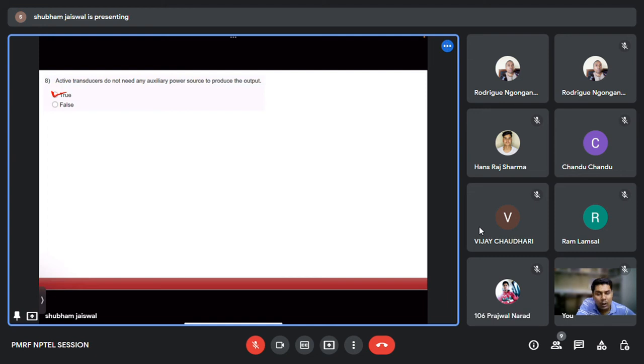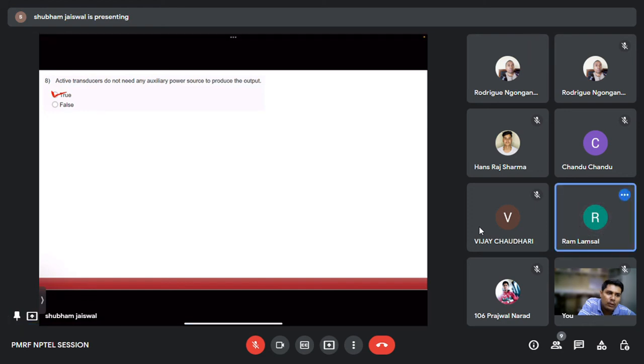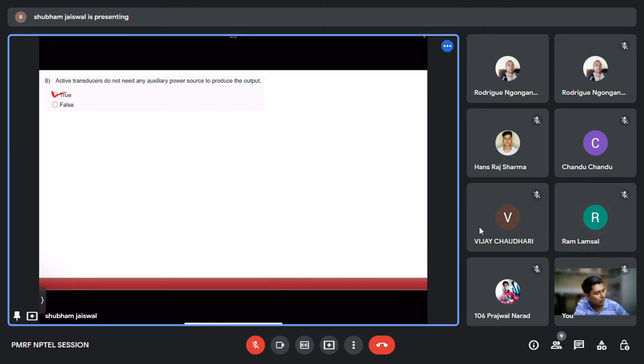Can anyone tell what is an example of an active transducer? Thermocouple. Thermocouple, yeah. It's a good answer. People generally give piezoelectric and this type of answer. But the thermocouple is the active transducer, okay. So moving to our next question.